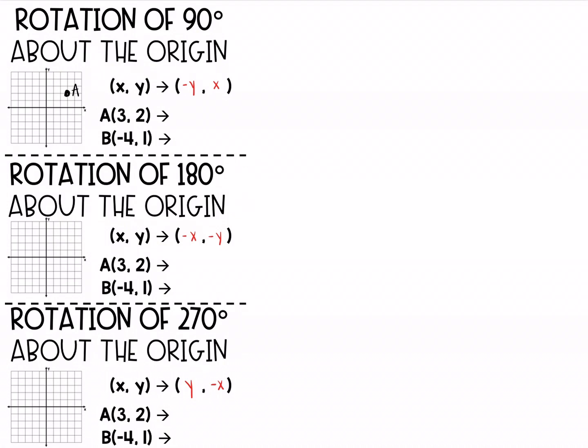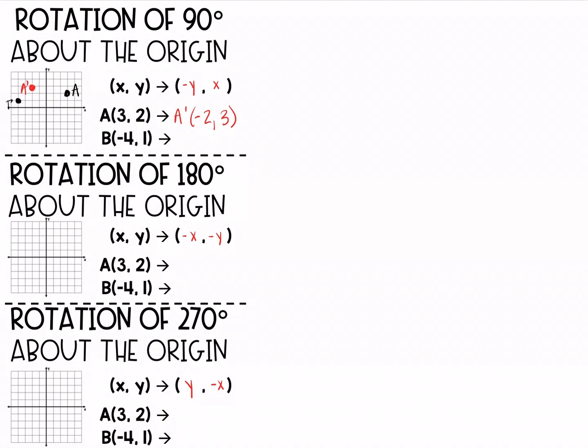(x, y) becomes (negative y, x). So A prime is going to be (negative 2, 3). So negative 2, 3, that's going to be a rotation of 90 degrees. Then B is (negative 4, 1).